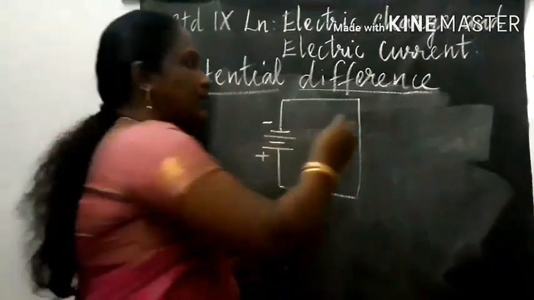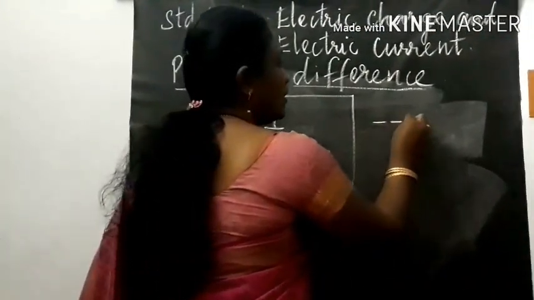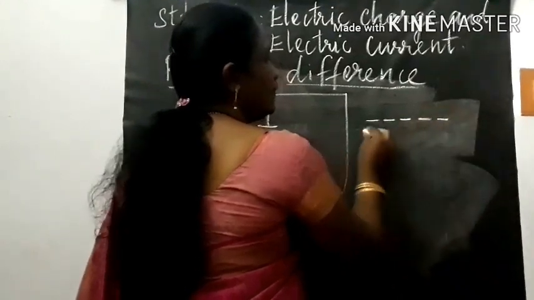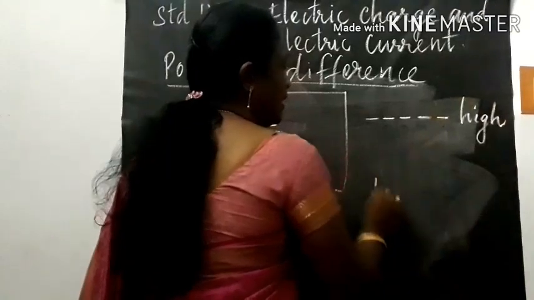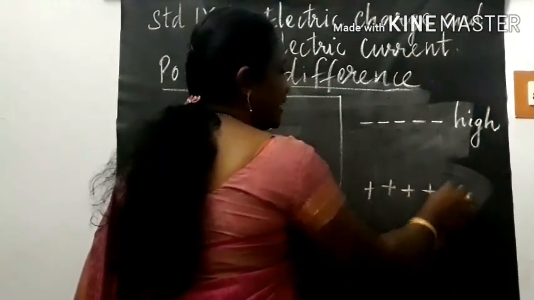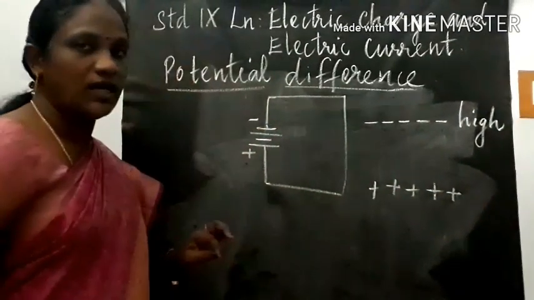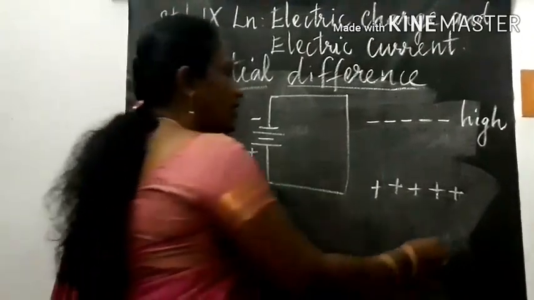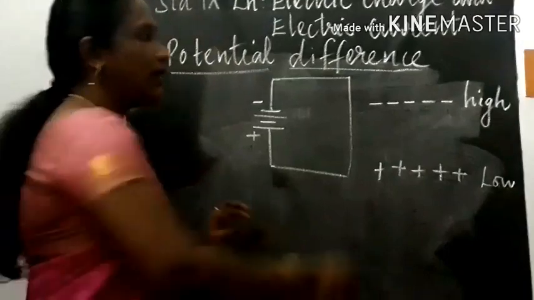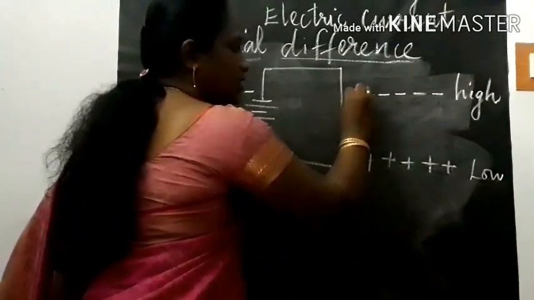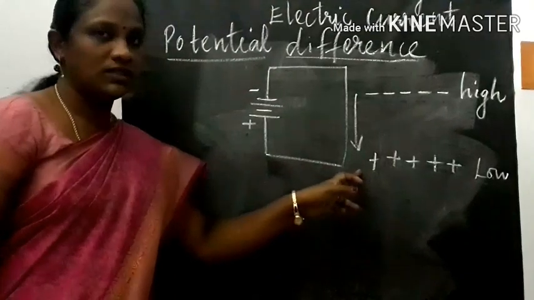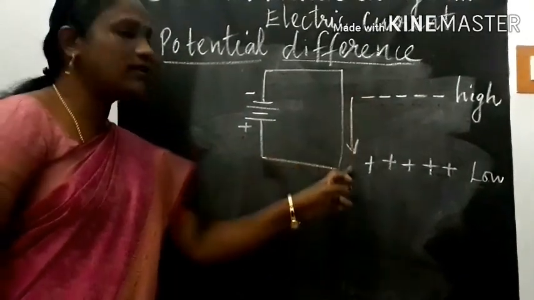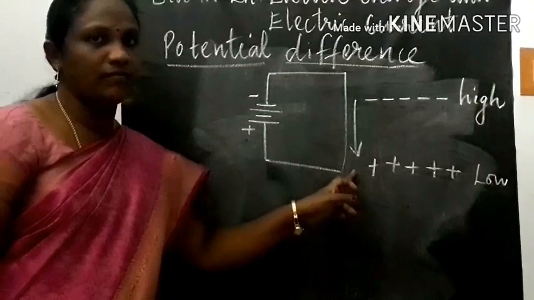Now the electrons are very close together. They will be at high potential, and the other side will be having the positive charges which is maintained at a lower potential. So what happens? The electrons at high potential will always move towards the positive charge, and this creates a potential difference inside the battery.